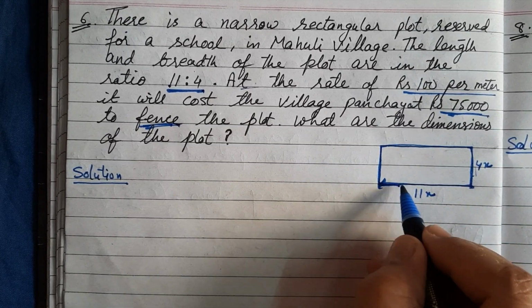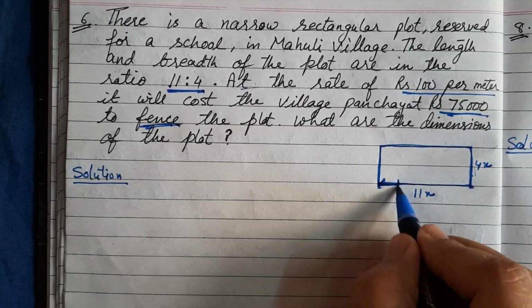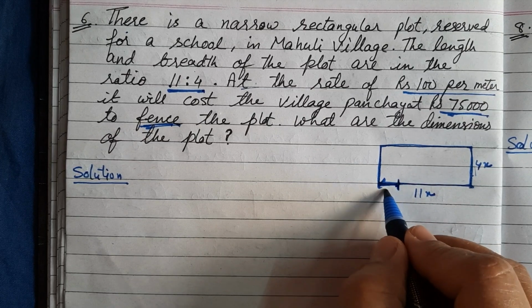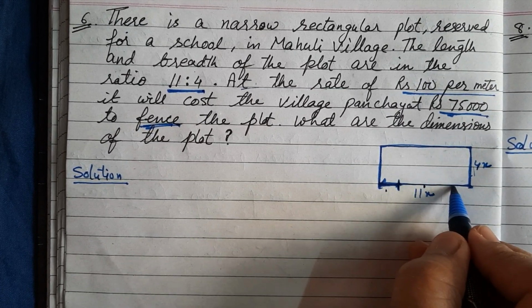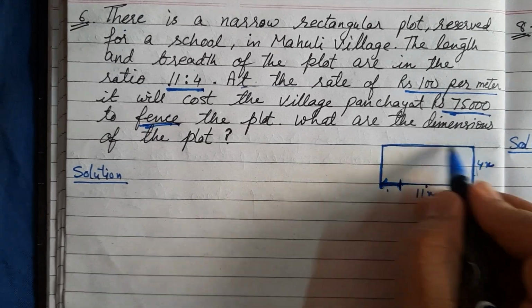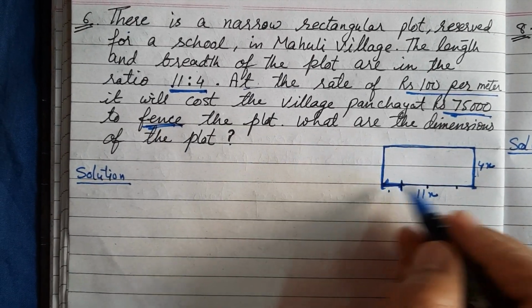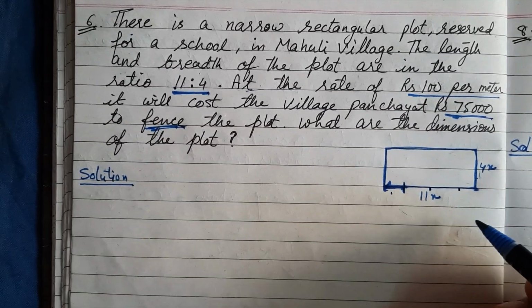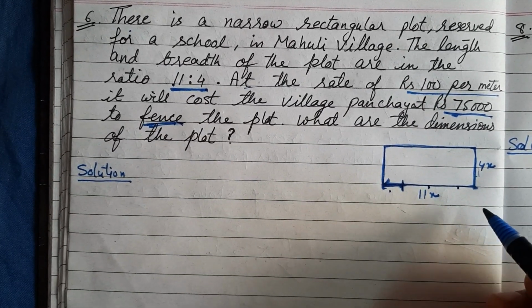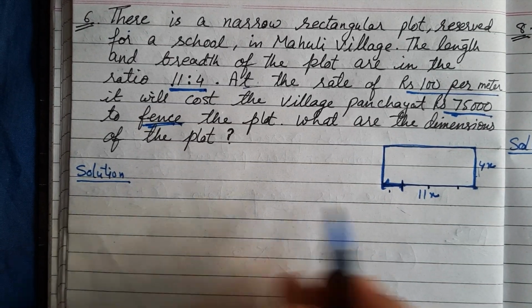It means to construct 1 meter fence, it costs 100. Next 1 meter, 100 more rupees. It means we should know the total length of the boundary, then we'll multiply that perimeter by rupees 100 to know the cost.